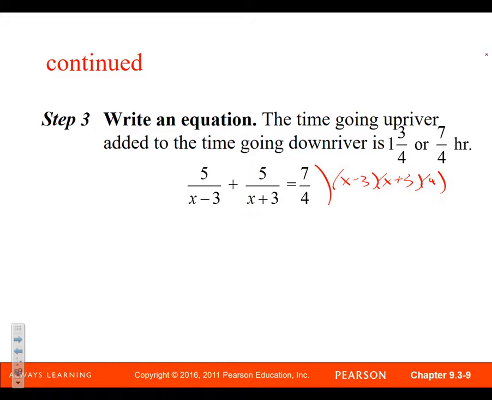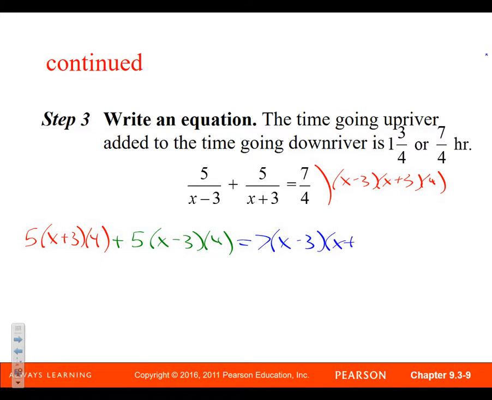As I distribute to this first value, the x minus 3's are going to cancel. We're going to be left with 5, x plus 3, and a 4. And then, as we multiply to the middle term, that's going to be a 5, x minus 3, and a 4. And finally, 7 times x minus 3, x plus 3.